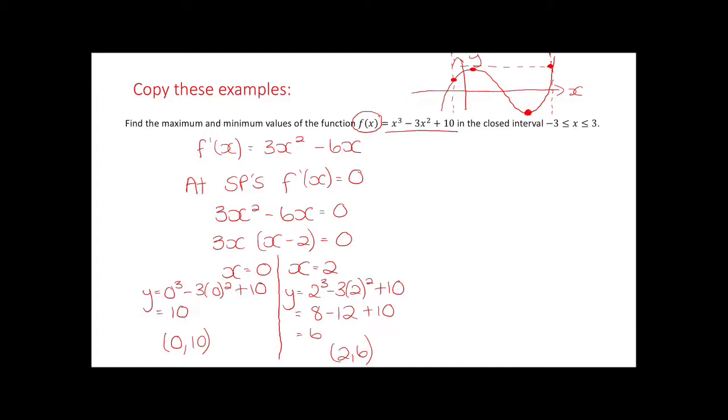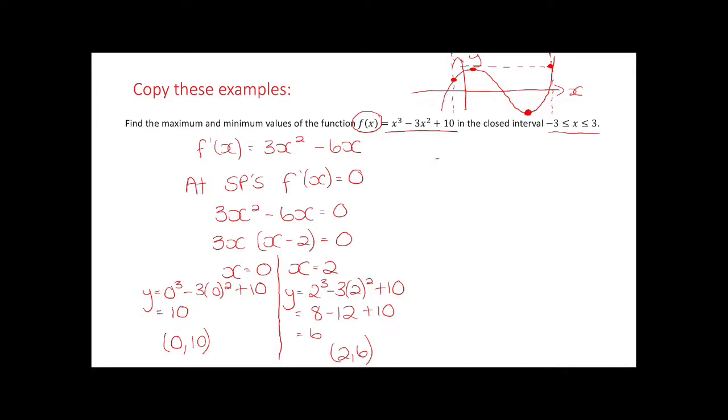So are they maximum turning points, minimum, rising points of inflection, falling points of inflection? However, we're not interested in the nature at this point. We're just interested in which one gives us a maximum value and which one gives us a minimum value. However, as the graph is cut off between -3 and 3, they also need to be considered as your maximum and minimum values.